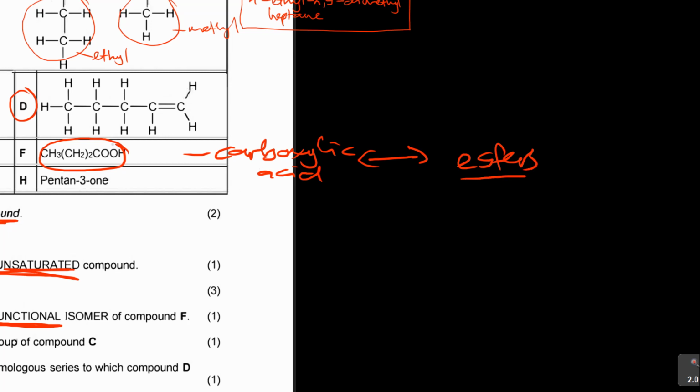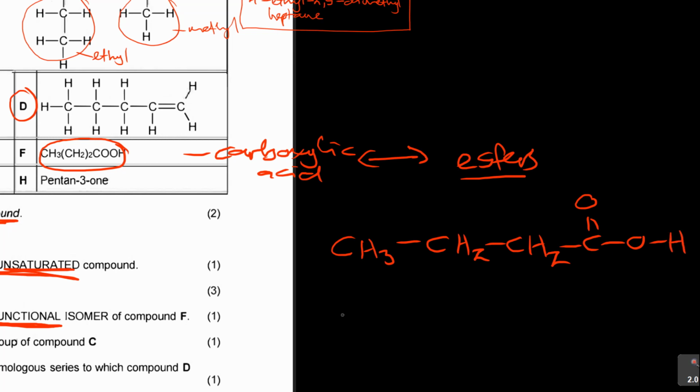Are you with me? So if you look at this one, it's CH3, CH2, CH2, and then you've got COOH. This is what we have. But if I write it in a way, as I say, it's a functional isomer, just in general, I can have that. And then in the next one, this is CH2.